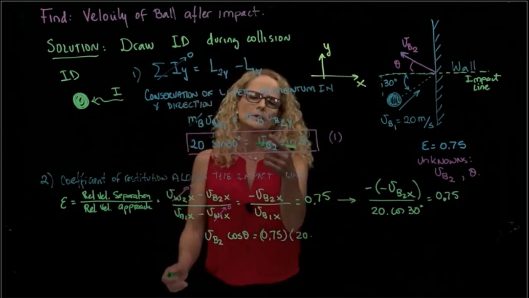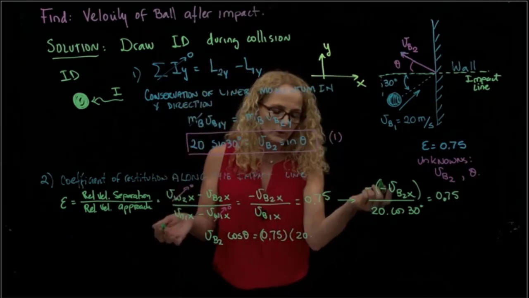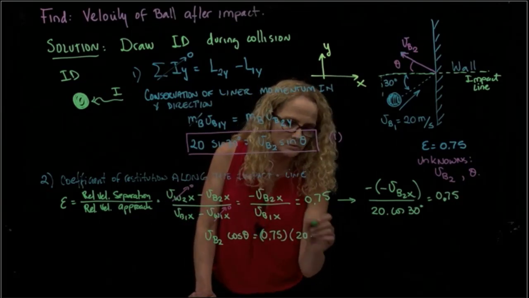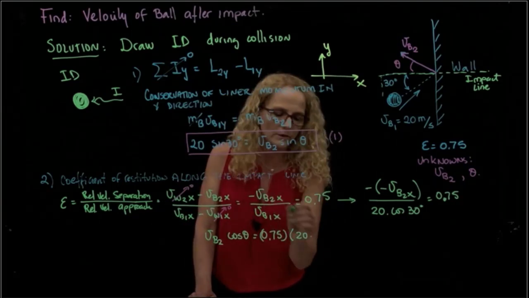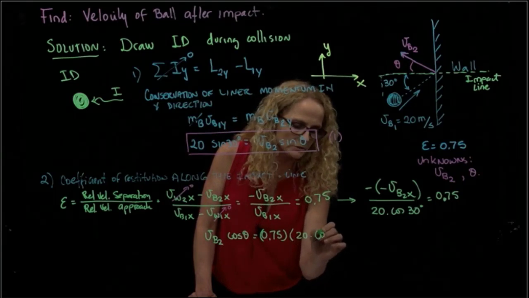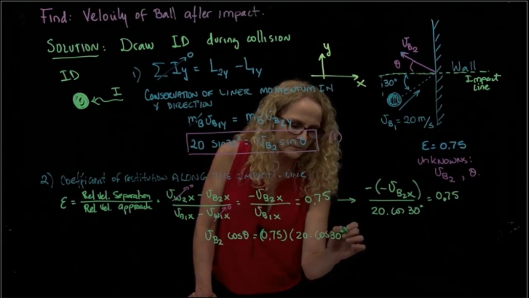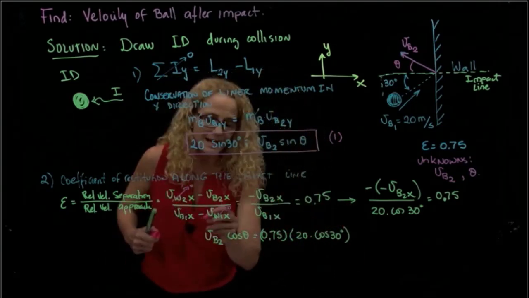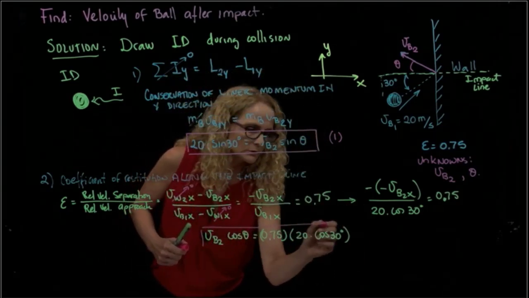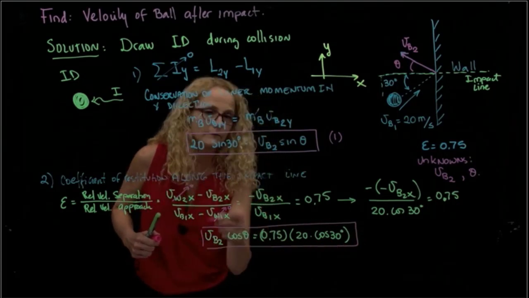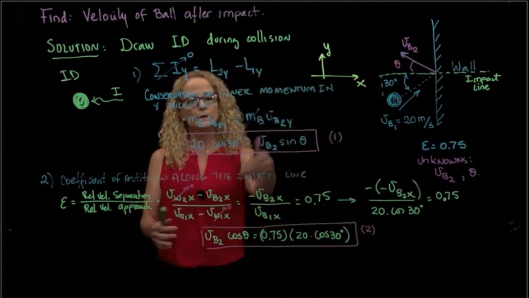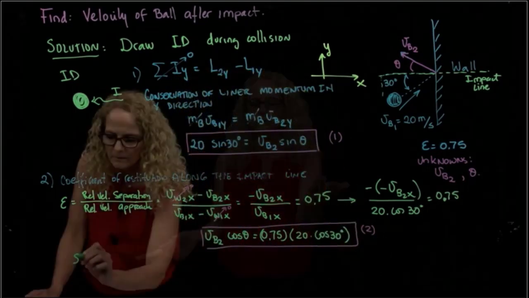Well, I could actually substitute cosine of 30 by square root of 3 over 2, but since I already wrote here sine of 30, I'm going to leave it as cosine of 30. What I mean is that it's known. And that represents my second equation. So as you see, I have two equations. From here, we can solve them very easily.